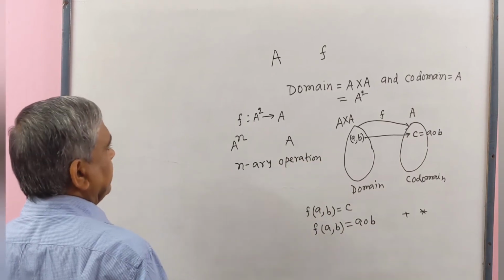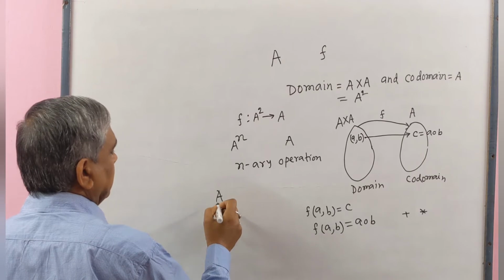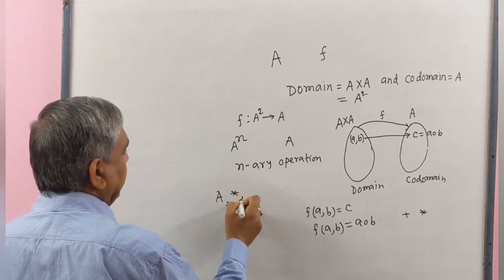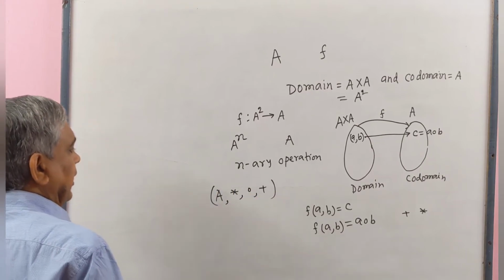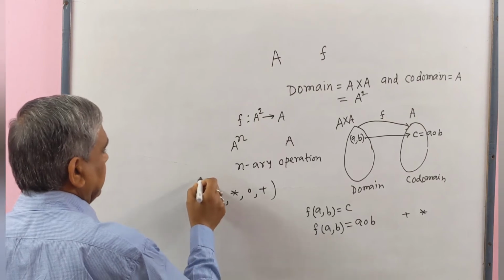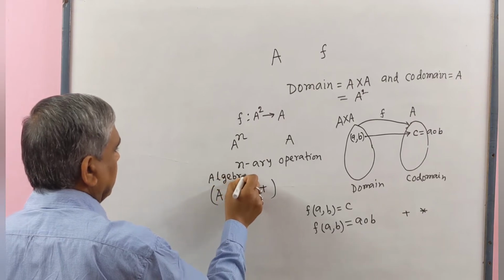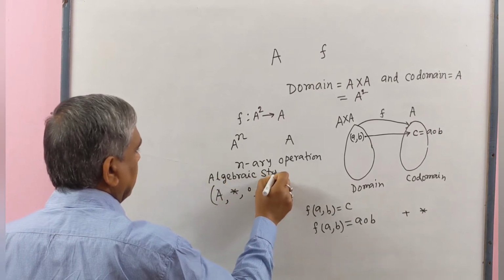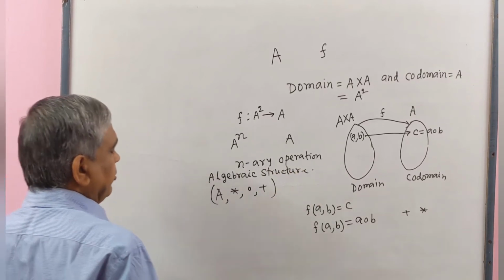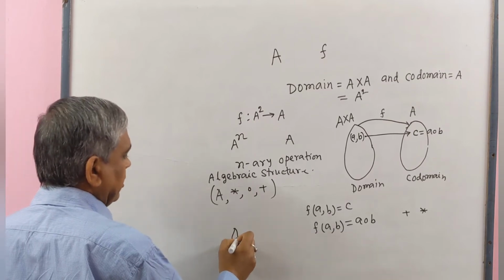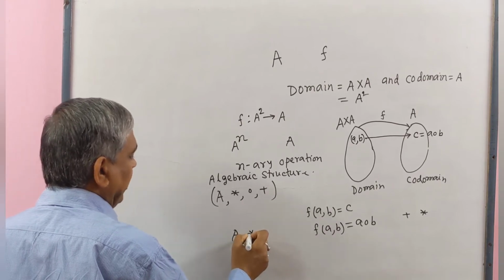Any non-empty set A with some n-ary operations is called an algebraic structure. The simplest form of algebraic structure is a non-empty set with a binary operation.